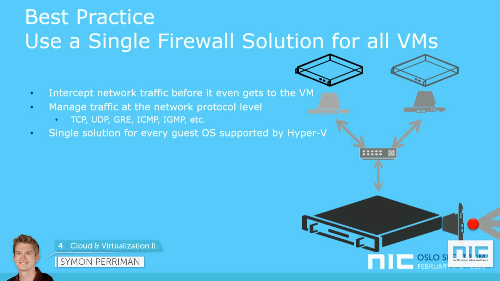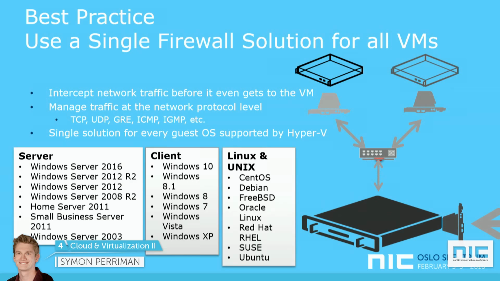Now, many hosting and service providers may have multiple guest operating systems, a combination of Windows Server, Windows Client, Linux, Unix. And if you're having to manage the firewall within each of those VMs individually, you have to use multiple firewall solutions. If you can manage your firewall centrally at the host level, you just need one.